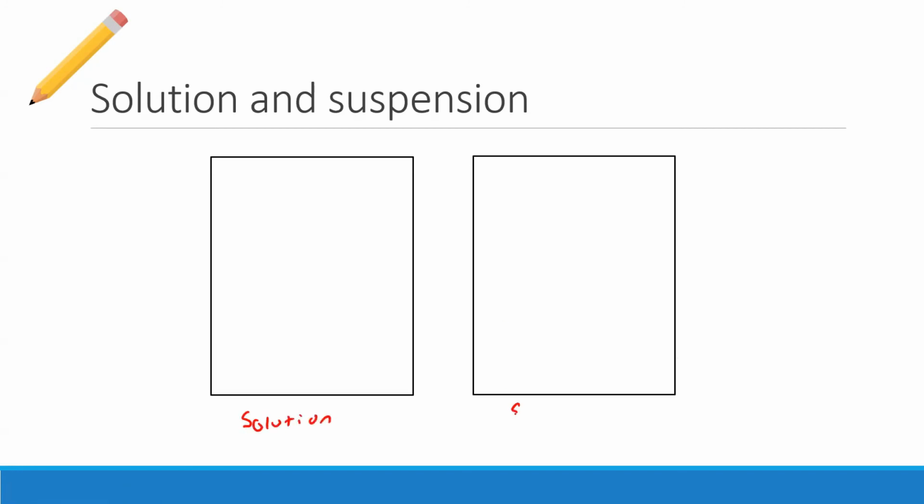On the right, we're going to write down a suspension. I want you guys to draw two boxes. And in these two boxes, for the solution, we're going to do little dots everywhere. And the little dots represent the things that are dissolved.